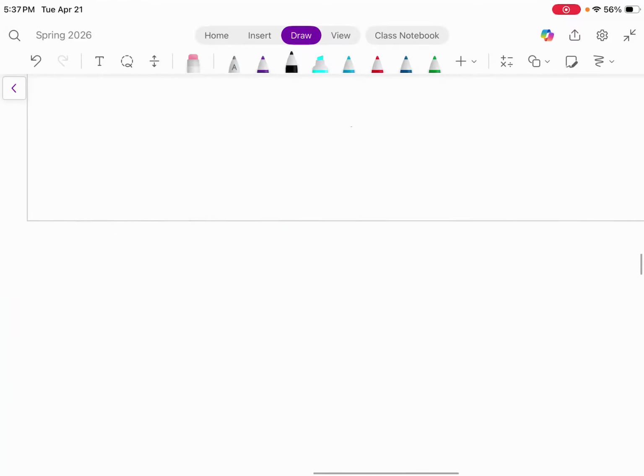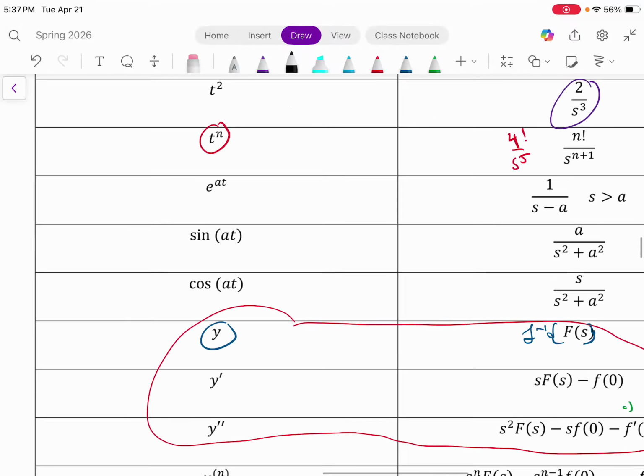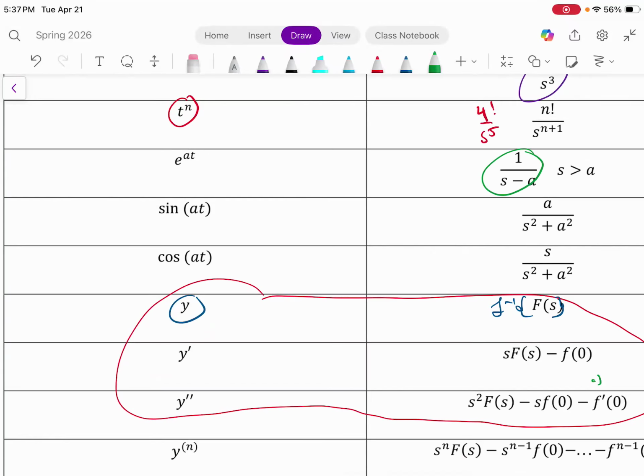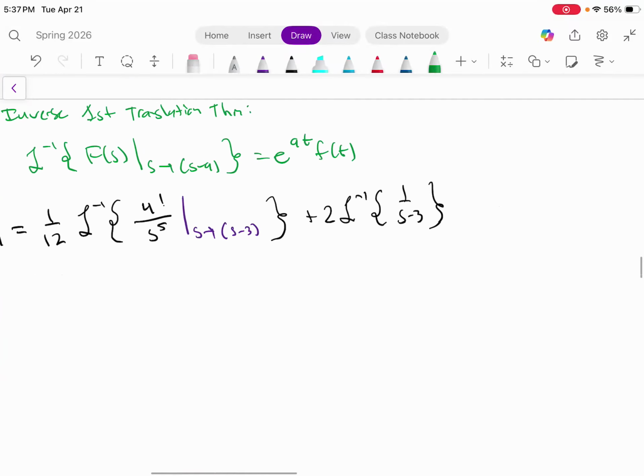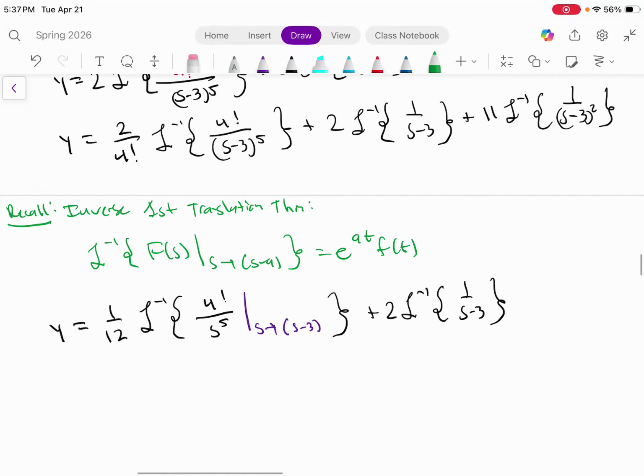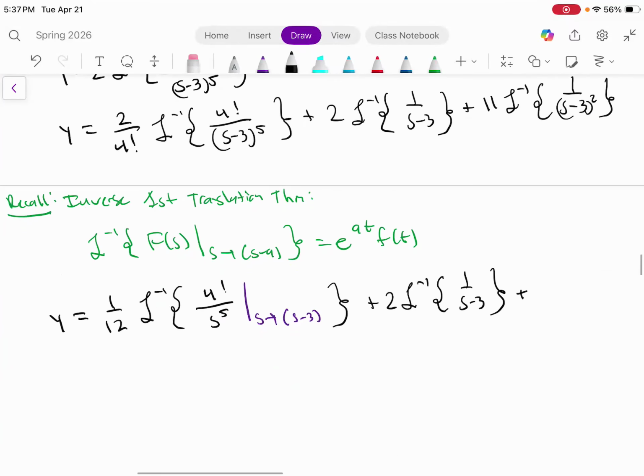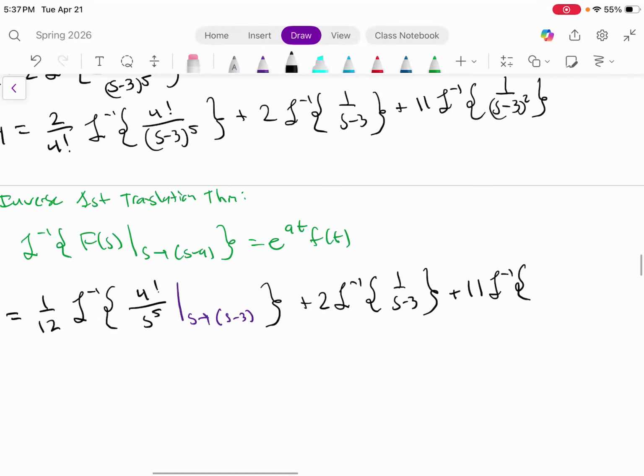We go down to our table, and that's just going to be our good friend: 1 over s minus a is just going to be e to the at. So no manipulation or translation needed there. And then our third term, inverse Laplace, this would be 1 over s squared, and s is shifting 3 units to the right.